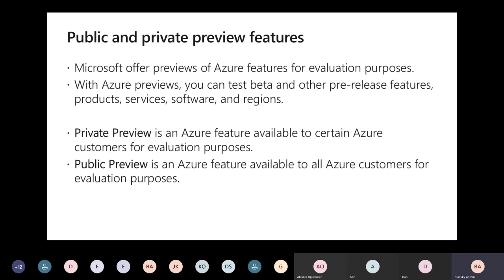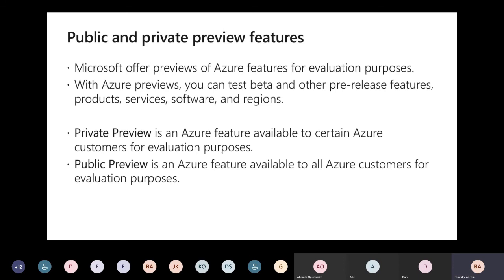This will be available to all the customers for evaluation purposes. So you can log in to your development environment, not in production, evaluate these features, and then provide your feedback to Microsoft, and they'll look at the feedback. In some cases, they might make slight tweaks to it.